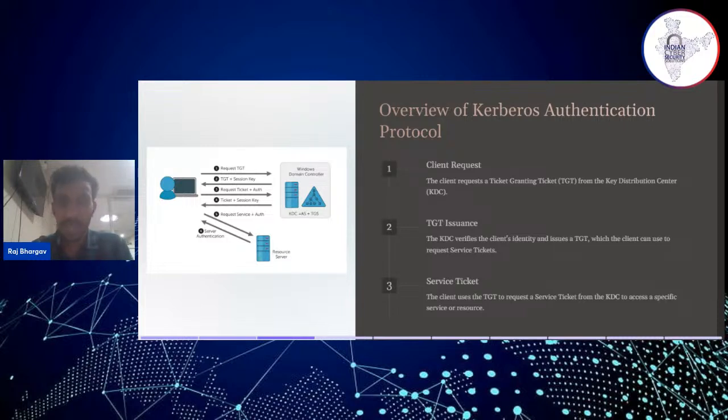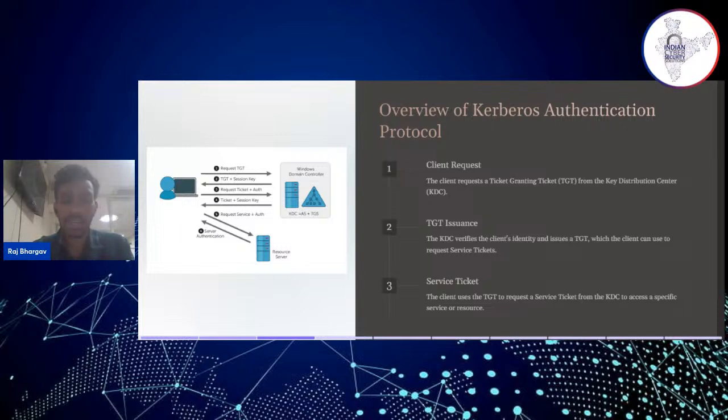Kerberos works through mutual authentication, a ticket-based system, single sign-on, third-party authentication, and encrypted communication. In mutual authentication, both the client and the server authenticate each other, ensuring a secure and trusted connection. In the ticket-based system, instead of transmitting sensitive credentials, Kerberos uses tickets.